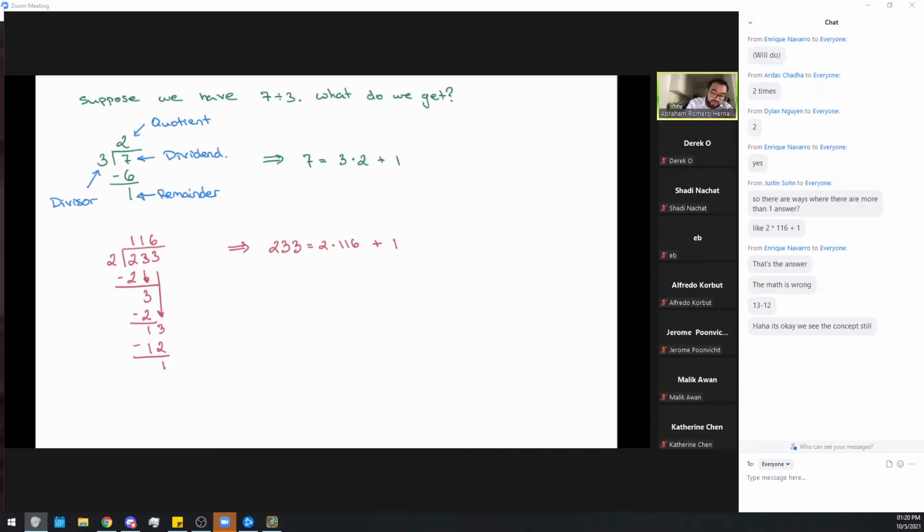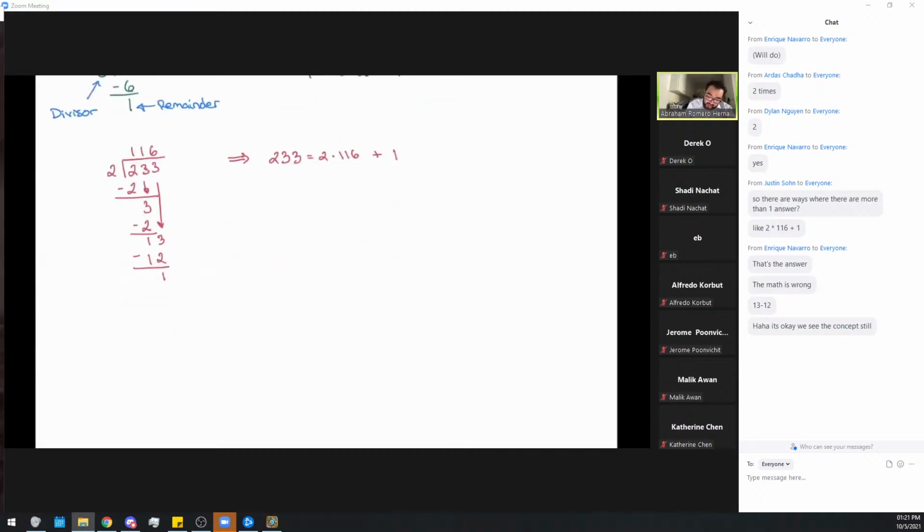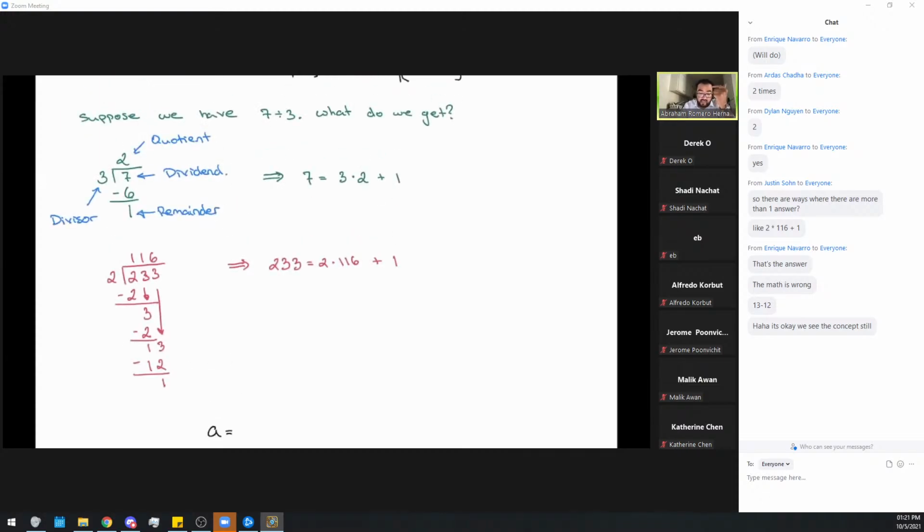So in general, what I'm trying to say is that a dividend, which we'll call A, can be rewritten as an equation using the quotient, the divisor, and the remainder.